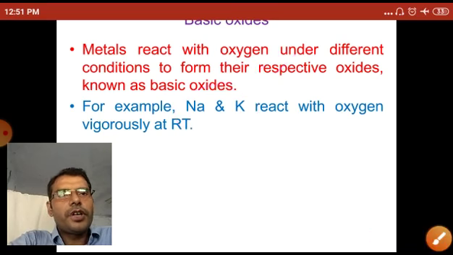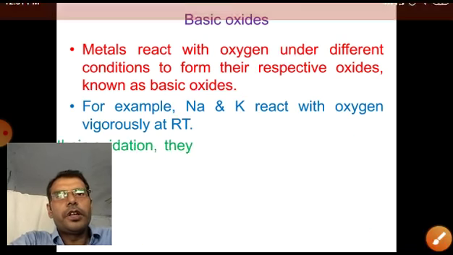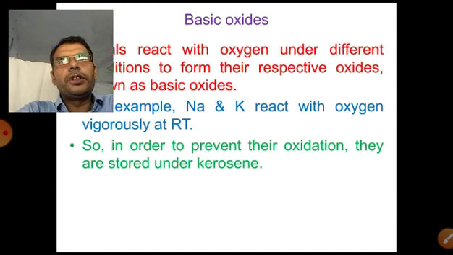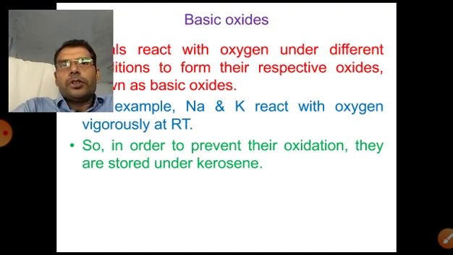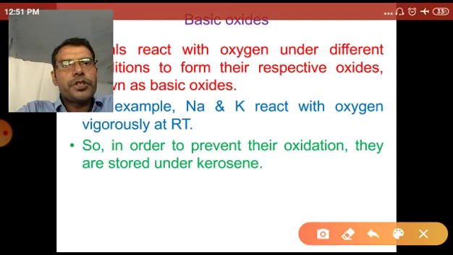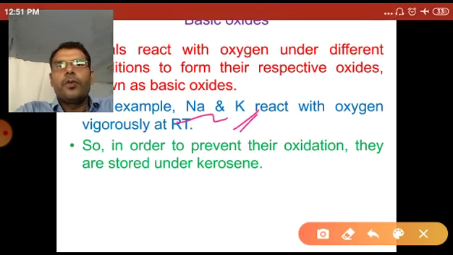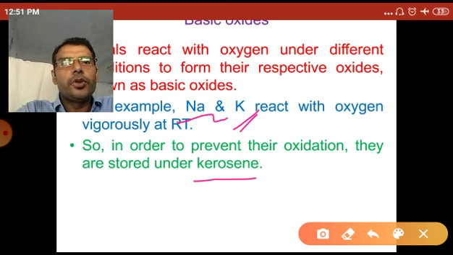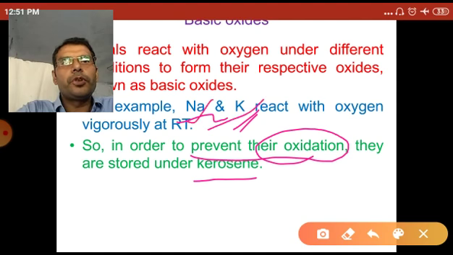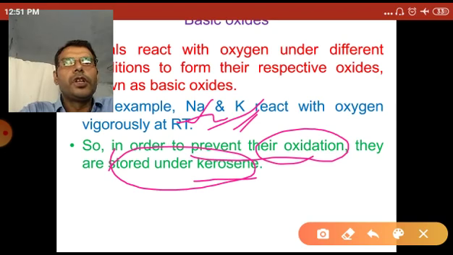So these metals are generally never kept in the air, and sodium and potassium are always kept in kerosene to prevent their vigorous oxidation. So sodium and potassium are stored under kerosene.